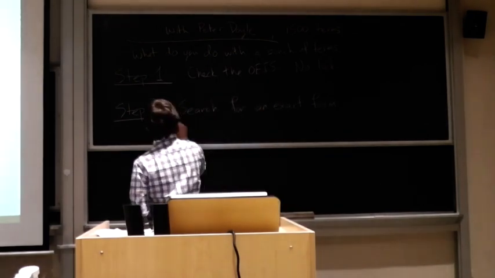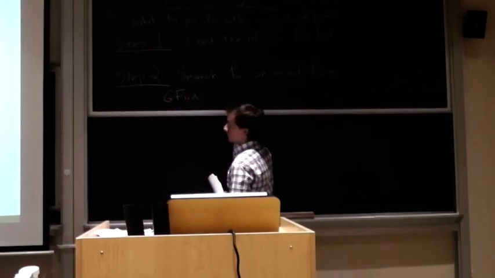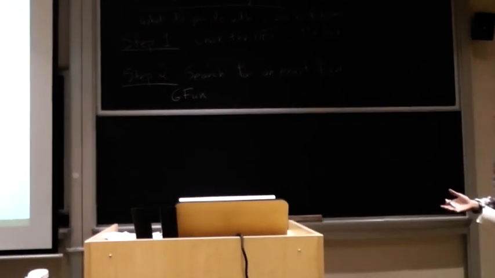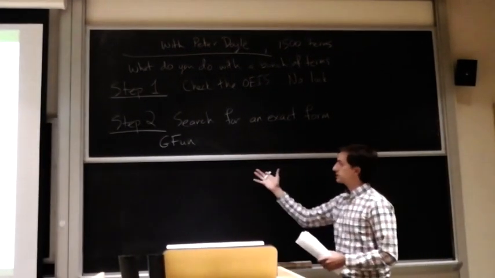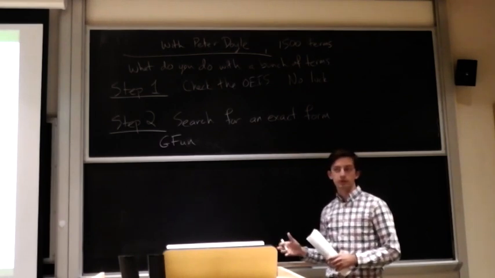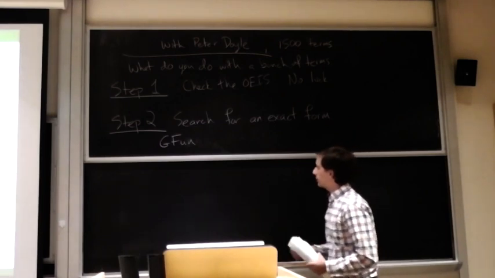One popular tool is called gfun. It's part of Maple. Drone has a number of programs that do things like this as well. Mathematica has a suite of programs, and I have my own program that does kind of the same thing as gfun, but with an extended type of form that it looks for. I'll mention that later if I have time. So anyway, you search for an exact form.